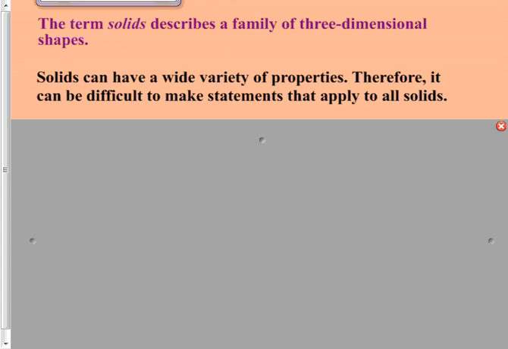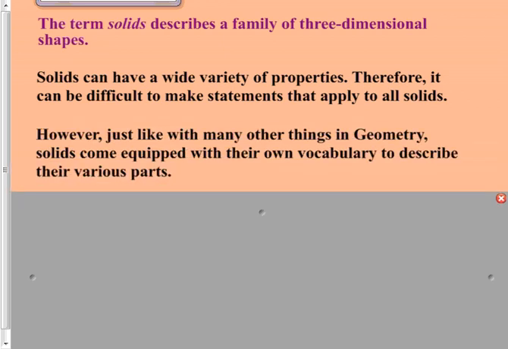Okay, but just in general, kind of like with the term polygon, we spent a lot of time talking about different types of polygons, but everything kind of fit under this broad term polygon. Well, we're looking at the same situation. We're going to get a lot of different shapes with a lot of different names and a lot of different properties, but these 3-dimensional figures all fit underneath the term solid.